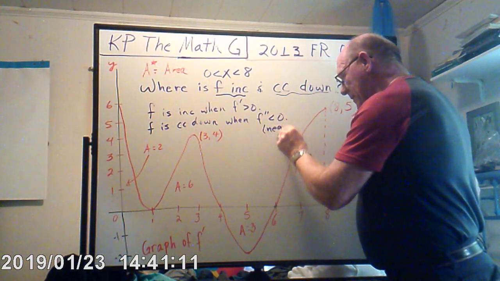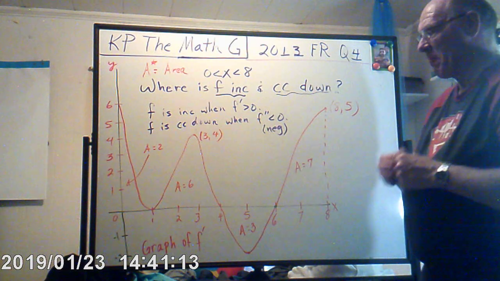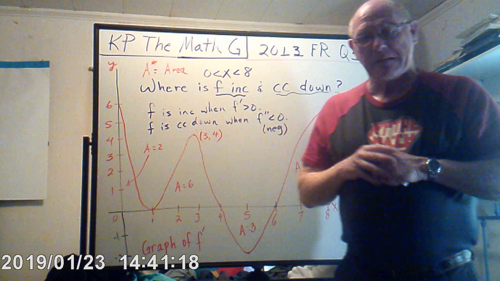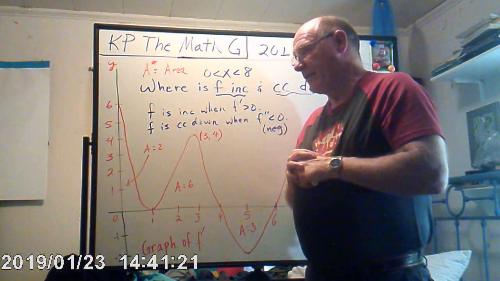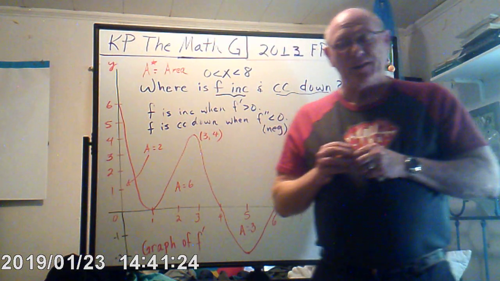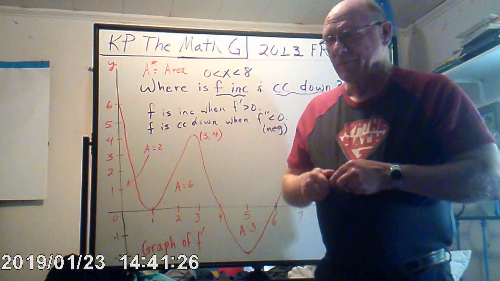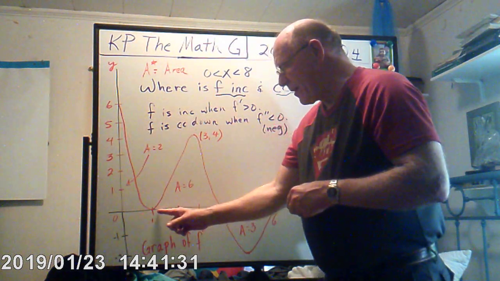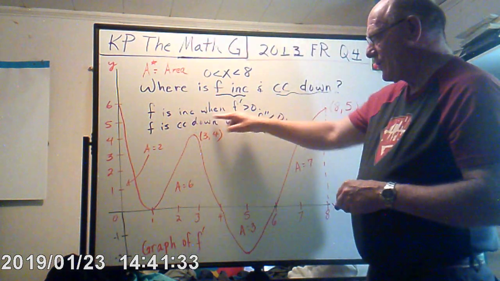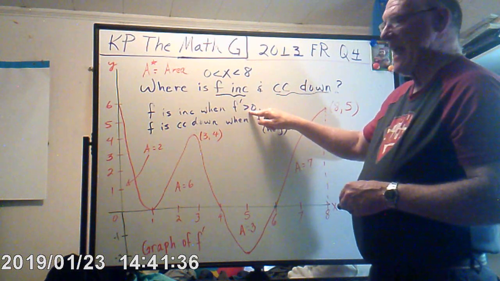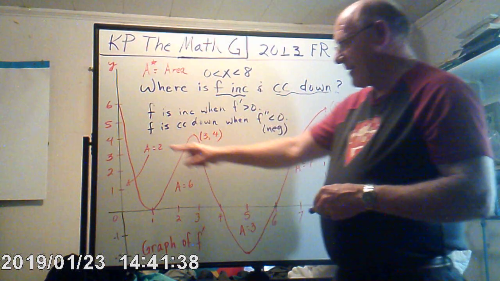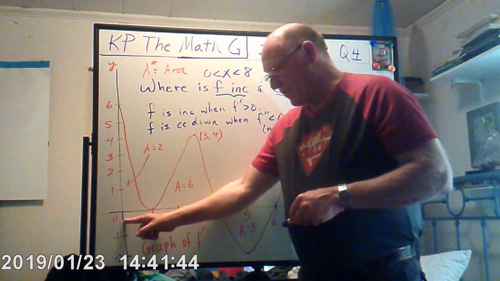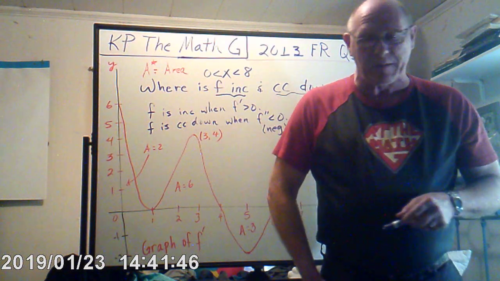The slope of f prime, which is f double prime, is negative. The slope leans to the left then, doesn't it? Well, let's see. Increasing from 0 to 1, is f increasing? Yes.